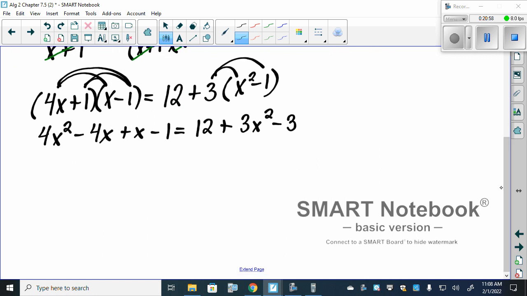The 12 and negative 3? Or these two here? Well, this 3 is being multiplied with the x squared minus 1, so they're stuck together with that multiplication. So we'd have to solve the parentheses first before we can do the addition and subtraction. Yeah, good question.